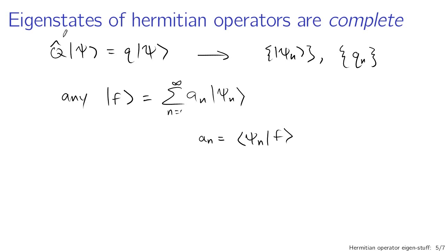Now, it's important to note that this sort of statement is not on as solid a mathematical footing as the earlier statements regarding orthogonality. The completeness is often not easily proven. It is typically going to be something that we assume.